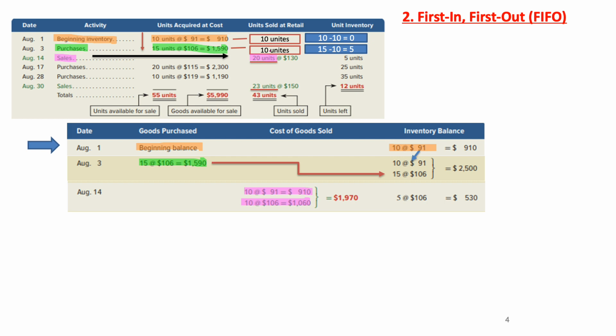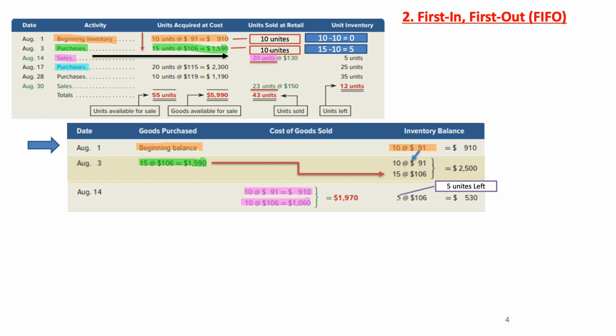But in August 3rd, we have 5 units left, multiplied by 106, because those are the 5 units left from August 3rd, and the cost of those units is 106. So 5 multiplied by 106 gives me 530. The balance of my inventory after sales is 530.